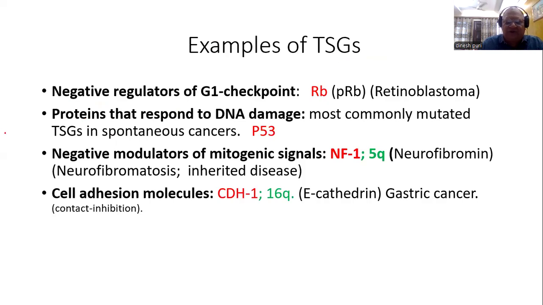Some more examples of tumor suppressor genes. One, pRB, retinoblastoma protein, हमने देख चुके हैं.